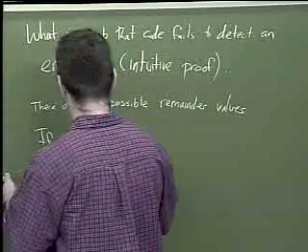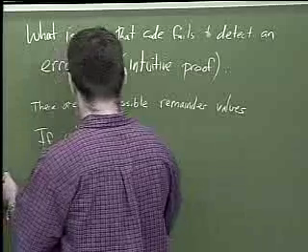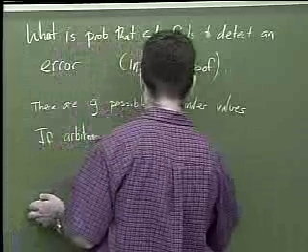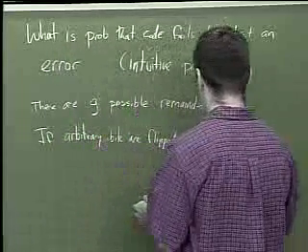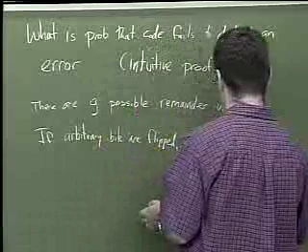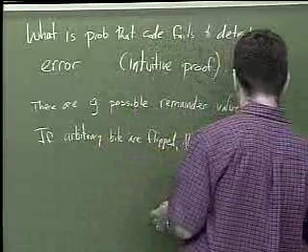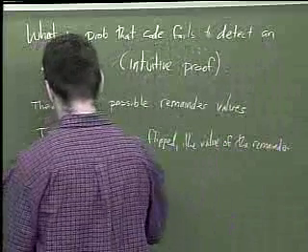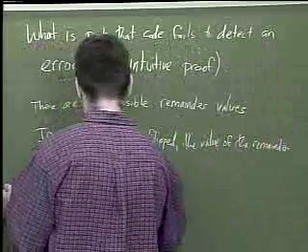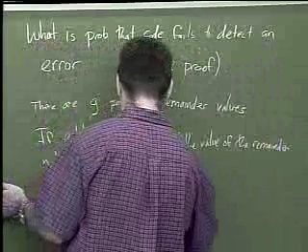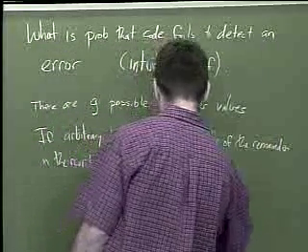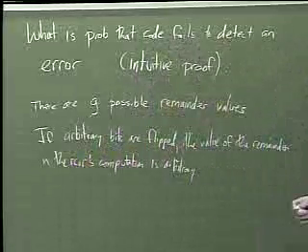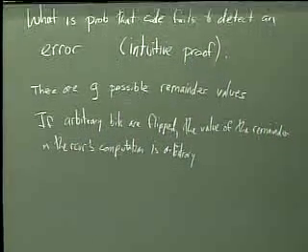If arbitrary bits are flipped, the value of the remainder in the receiver's computation is arbitrary, right?